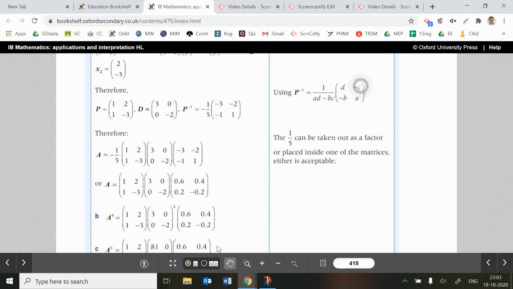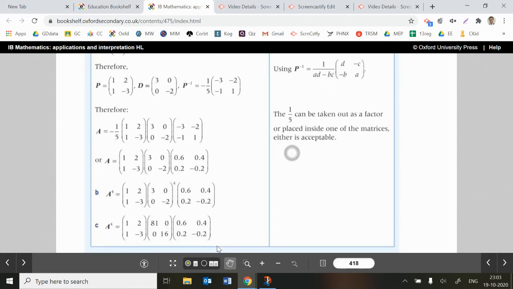The B and the C remain in the same position. And actually, you can see that they've done it correctly here. So this is minus 2. So they've just made the B position negative, and they've made the C position negative. So you don't need to swap around the B and the C. Don't know why they've done that. That's just a mistake. Okay, so it should be minus B there and minus C there.